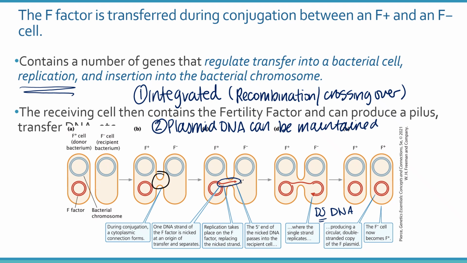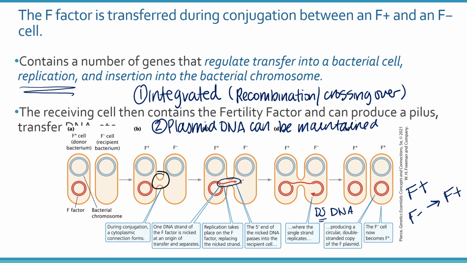In a previous slide, I think it was the previous one, I forgot to point out the integration into the genome. But if you do go back one slide, you'll see the illustration with the crossing over and recombination into the chromosomal piece of DNA. So if the receiving cell gets the full set of fertility factor, then that cell has been converted from an F negative to an F positive cell, which means now that new cell can transfer DNA as well.